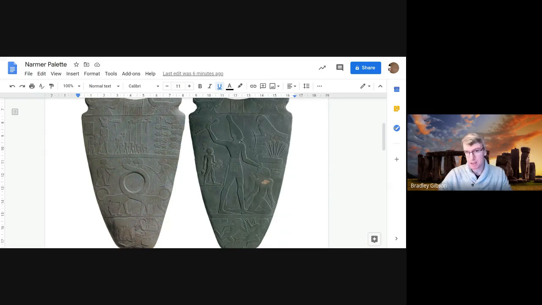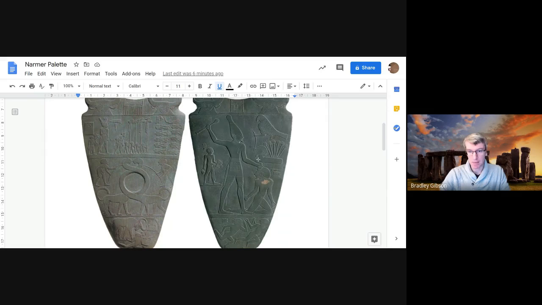He was from southern Egypt because the Nile flows from south to north. Southern Egypt is called Upper Egypt, and the northern part of Egypt is called Lower Egypt because they traced it based on the way the Nile flowed. Anyways, he came from Upper Egypt, he conquered Lower Egypt. This palette shows a record of that conquest.